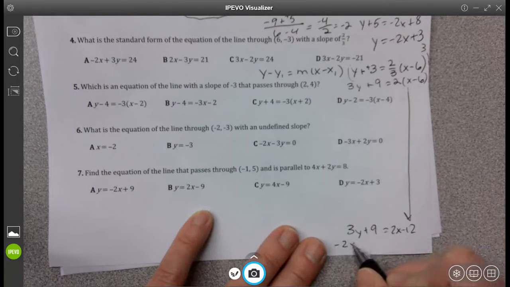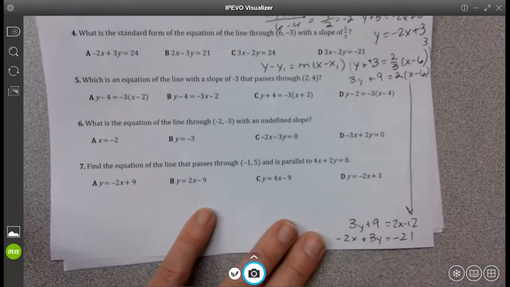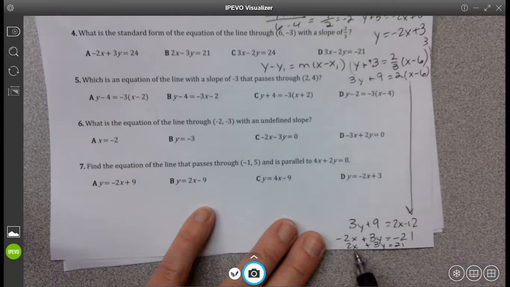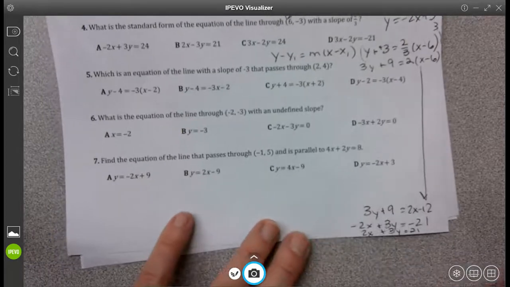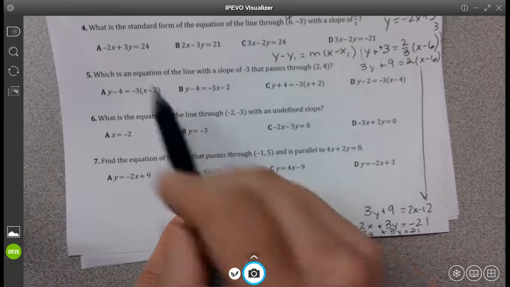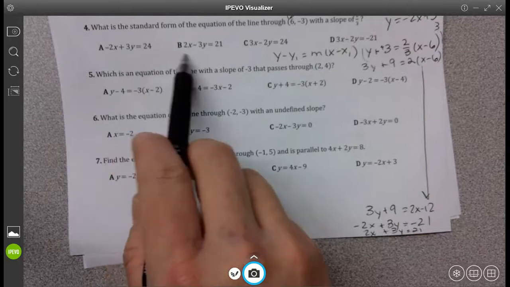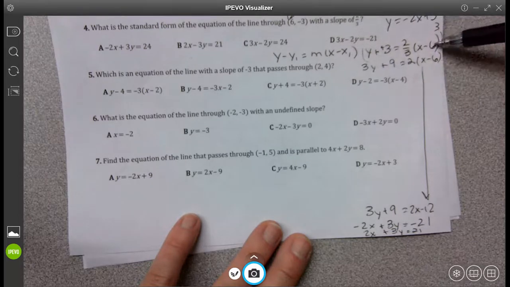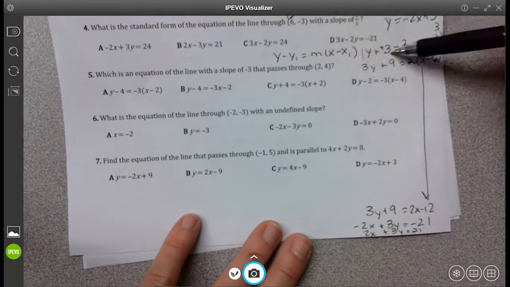Bring 2 to the other side. Bring 9 to this side. Then make it positive. It has to be positive and it has to be whole numbers. So your answer is, why does it say 2x minus 6 minus 3, so it's plus 3.